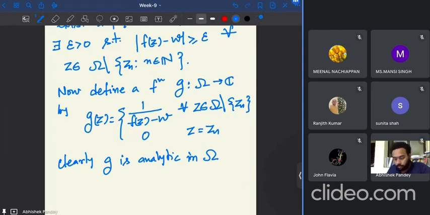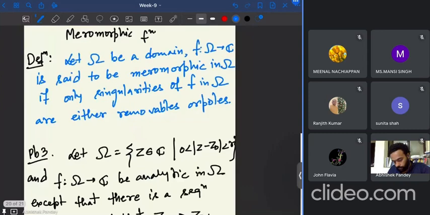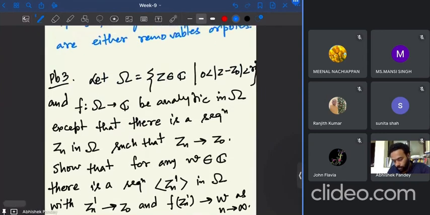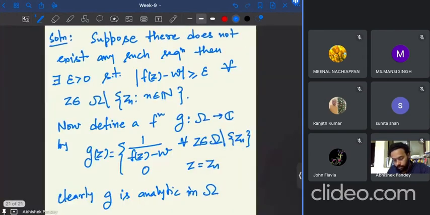You can see that this Zn tends to Z naught, and once you take z tends to any z2, this f(z) will be very close to w.